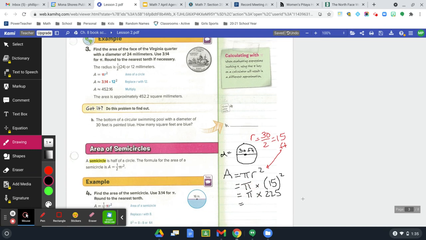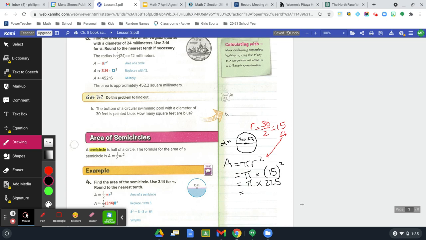Okay, so we're going to take 225 on your calculator times, use the pi key. And you will see this decimal, 706.853, and it just keeps going.